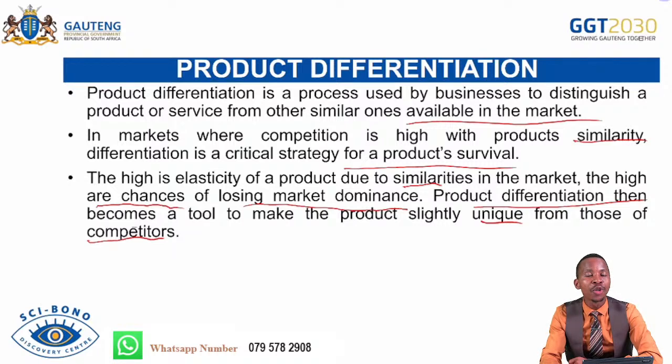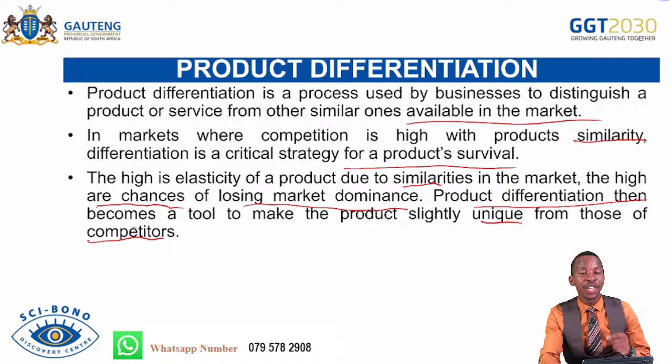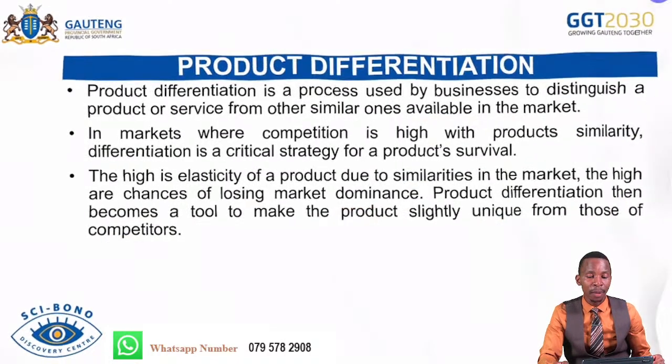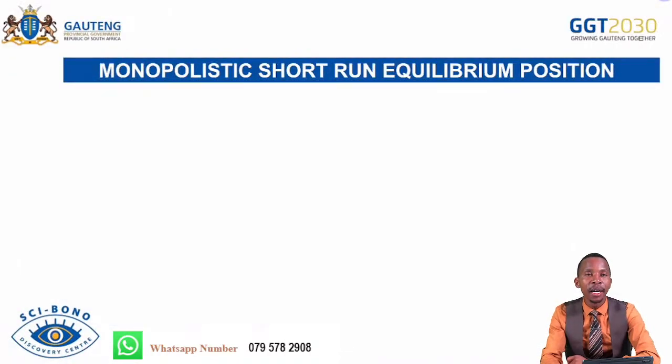If goods are not made to be different, consumers will confuse goods with those of the competitors and the firm might lose its customers to the rival firms. It's very important that firms ensure that their goods are differentiated from those of competitors for them to obtain their consumers. So those were the non-price competition strategies that can be used by monopolistic firms in order to ensure that they can compete with the competitors within the market.